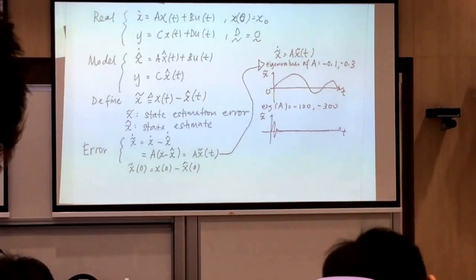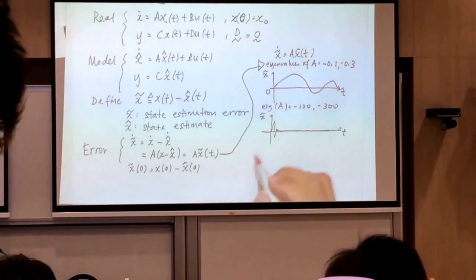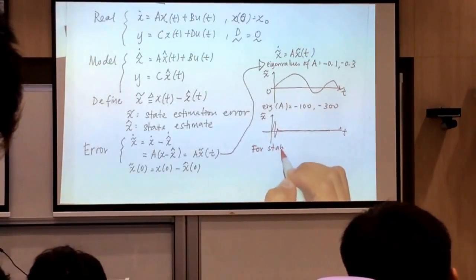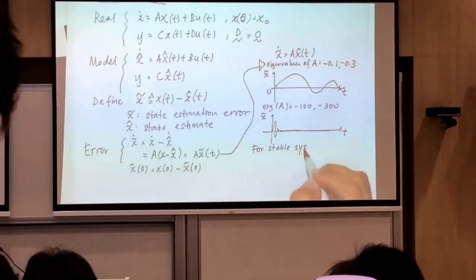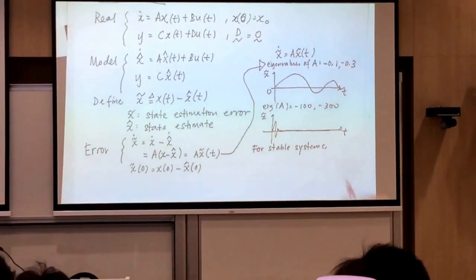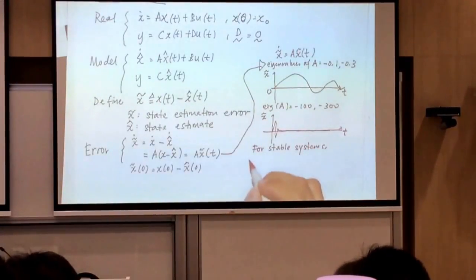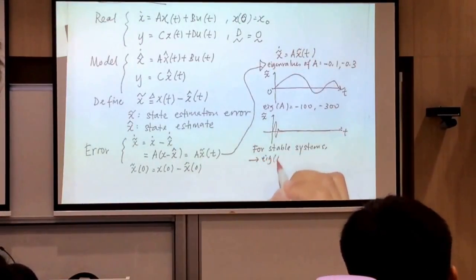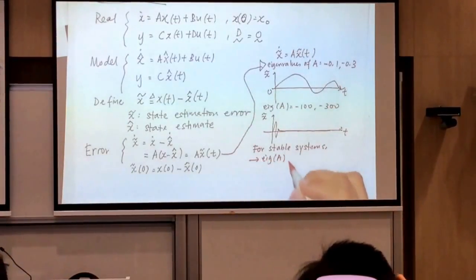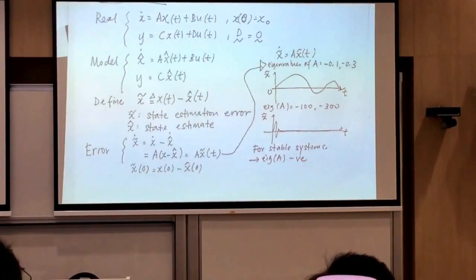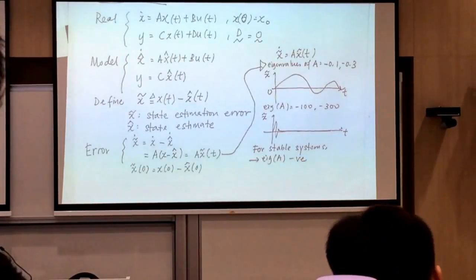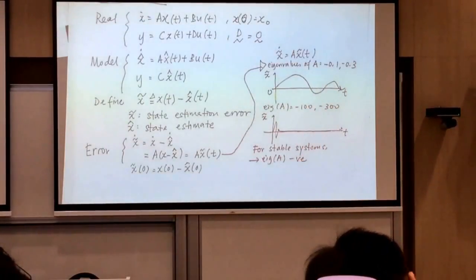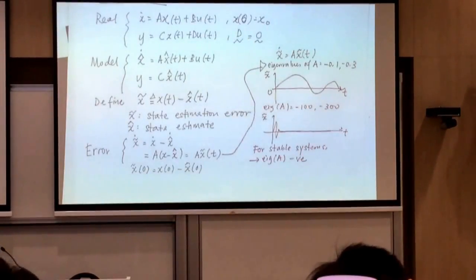As a summary, for stable systems, the eigenvalues of A must be negative, otherwise it doesn't decay and will just grow exponentially.